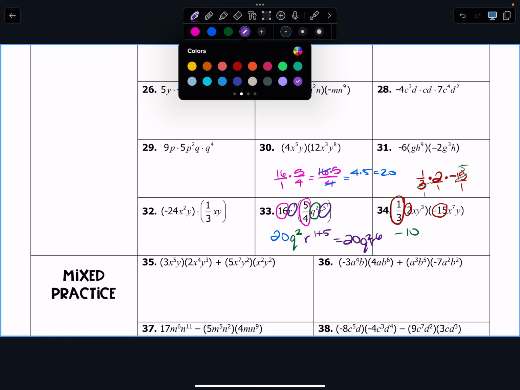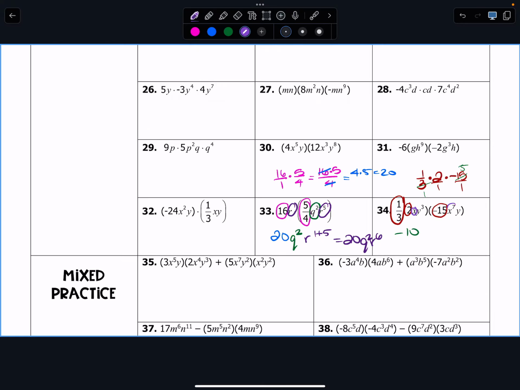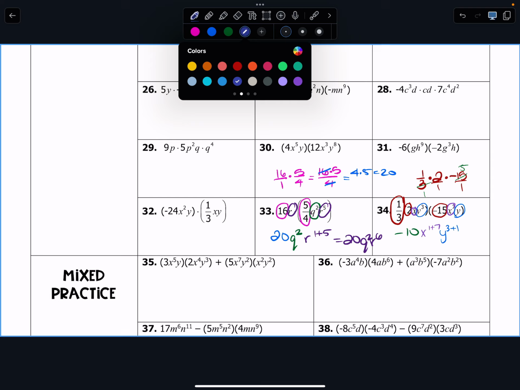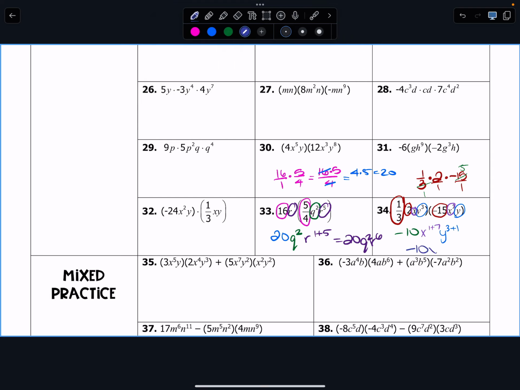All right, and then I can take my x to the first power and my x to the seventh. And then I can take my y to the third and my y. So I get -10, x to the eighth, y to the fourth.